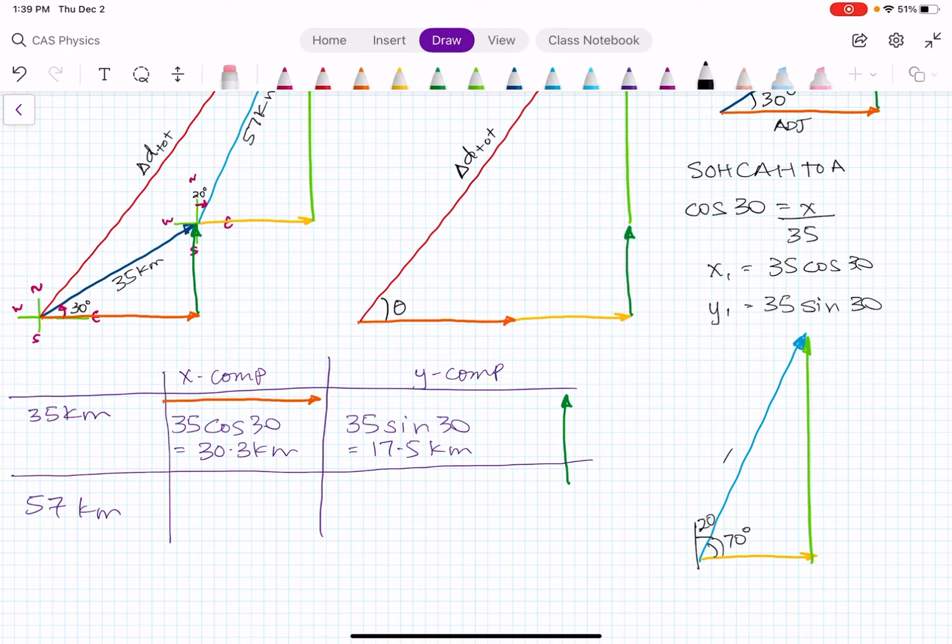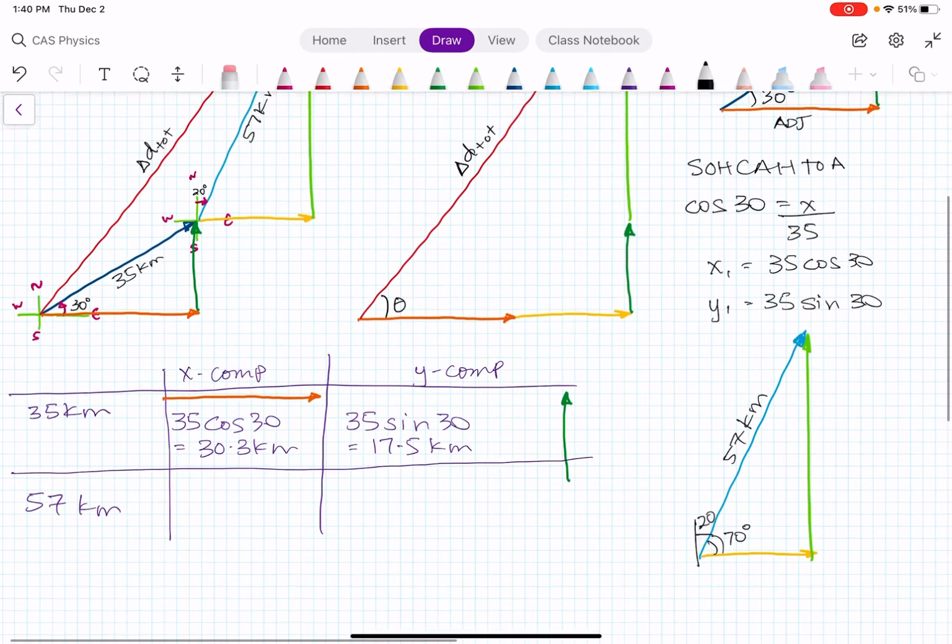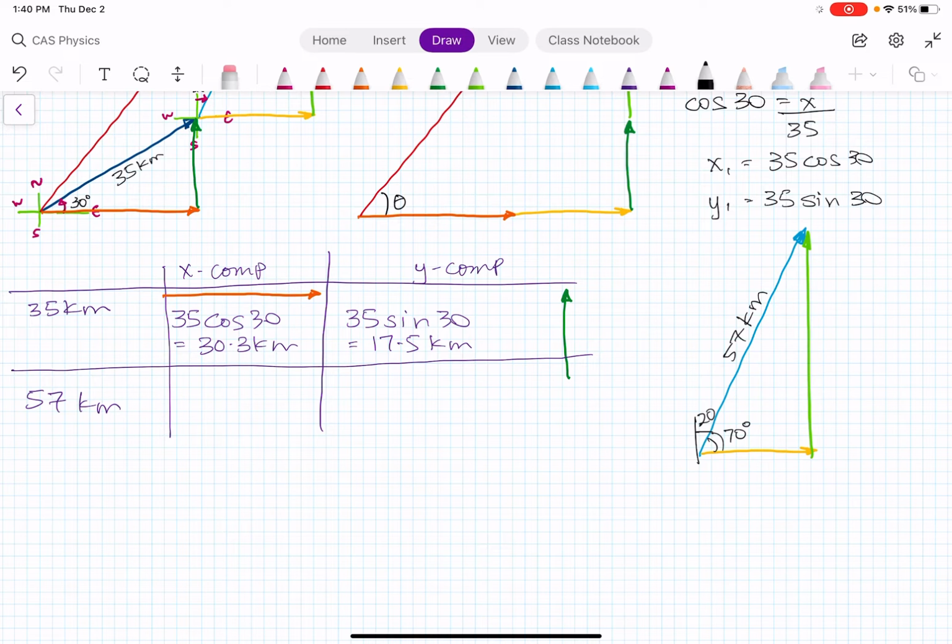We know this side is 57 kilometers. So we're going to solve this the same way we solved the other one, by using our trig identities. And you can see from looking at this triangle, hopefully pretty quickly, that x2 in this example is 57 cosine of 70, and y2 equals 57 sine of 70.